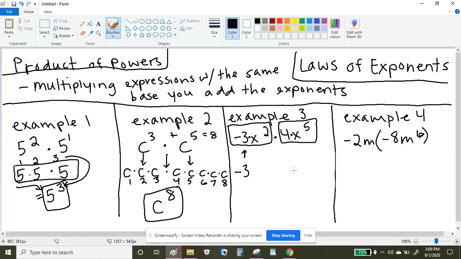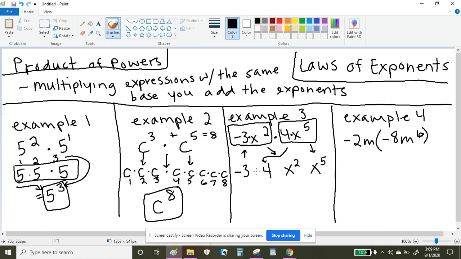We have an x squared, so I'm going to move that over here. That's one other base. Now we have this 4, so I'm going to take that over here. And we have this x to the 5th. I'm going to take that over here. Now the reason why I used this order is because these two bases are numbers. They can be combined together.